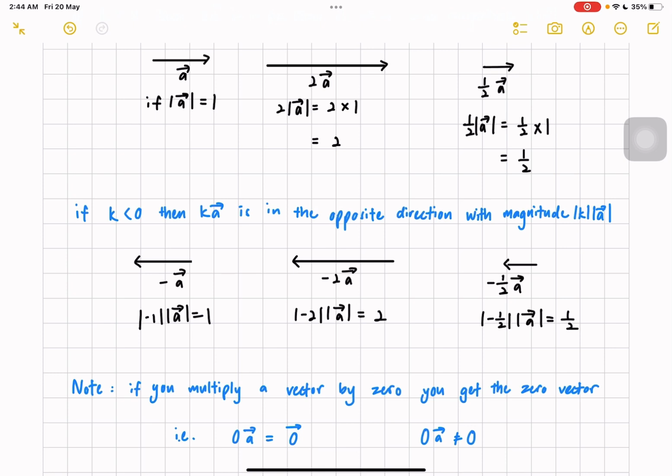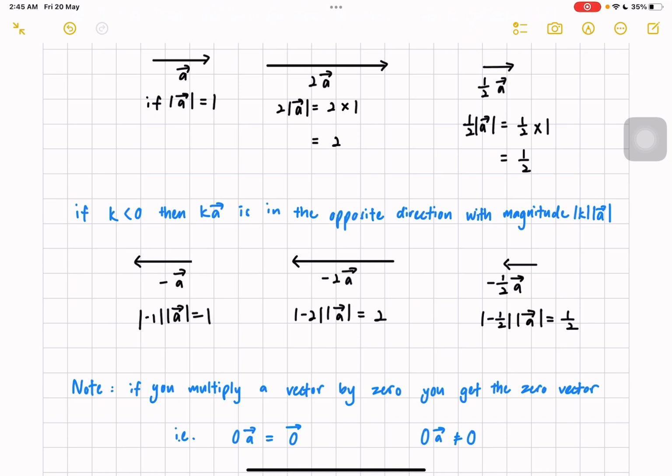And you can see it's the same as above because the length is the same, even if the direction is different. So again, this is the same for -half vector A, where the length of -half vector A is the same as half vector A, which is 1 over 2.